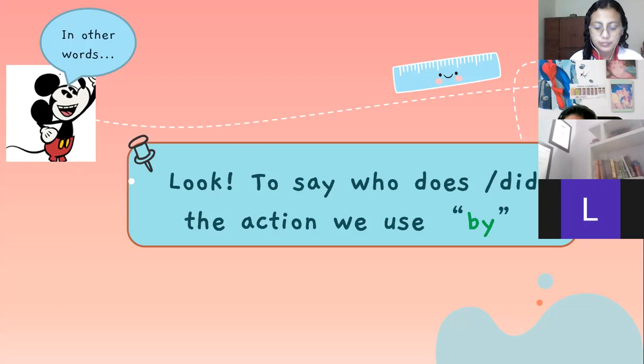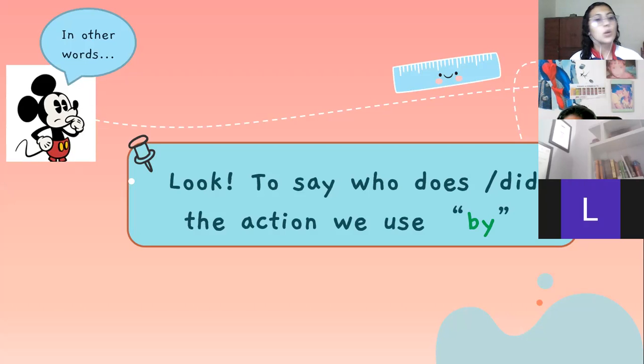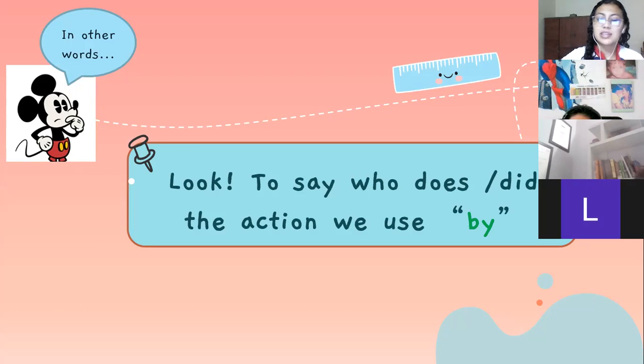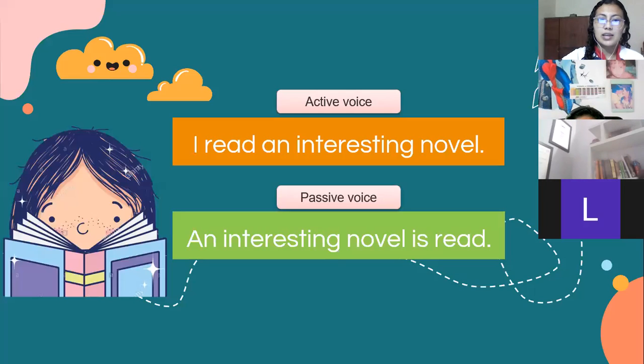If I don't know who performs the action, I don't write it. Si no sé quién hizo la acción, pues no lo escribo. Es decir, en este caso, si ven que ahí no puse quién realizó la acción.